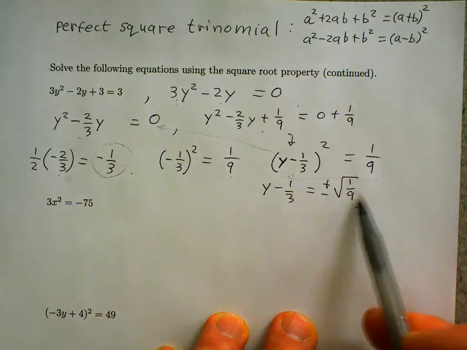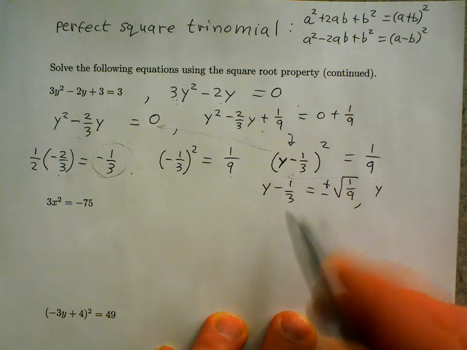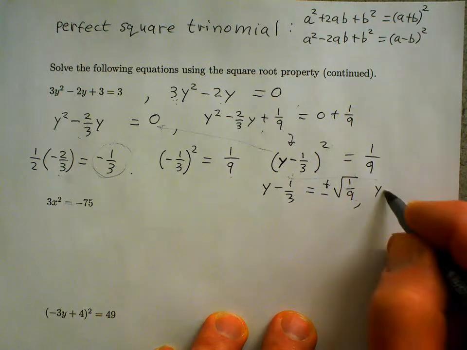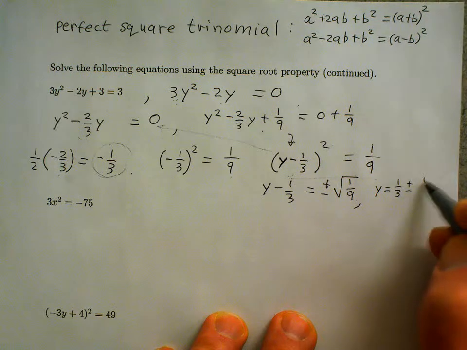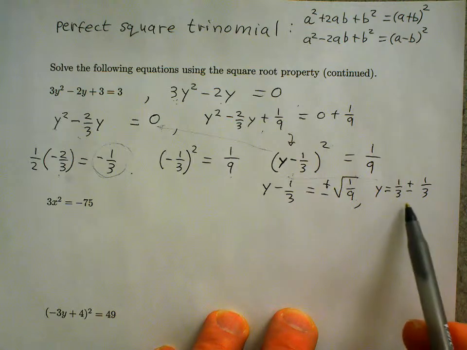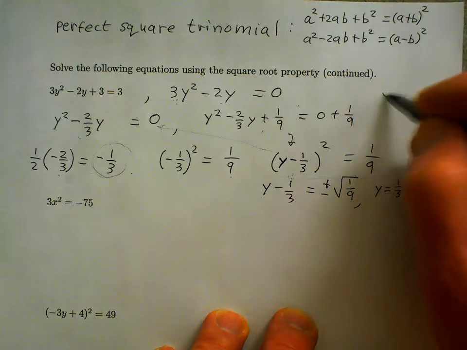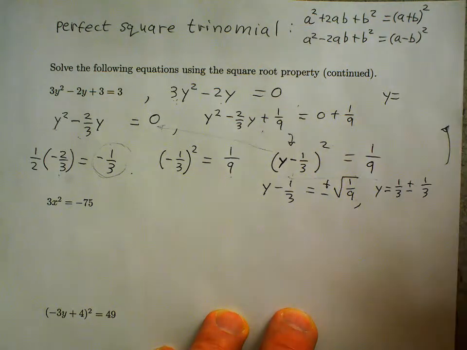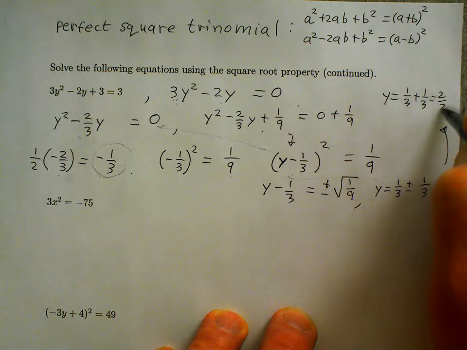The square root of 1/9 is just 1/3, so we can add 1/3 to both sides, so we get y equals 1/3 plus and minus 1/3. We can simplify further. One solution is y equals 1/3 plus 1/3, or 2/3.